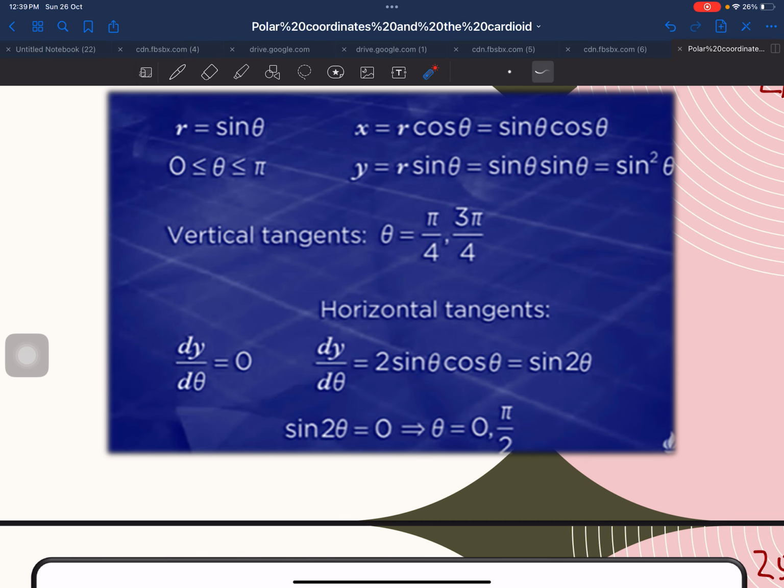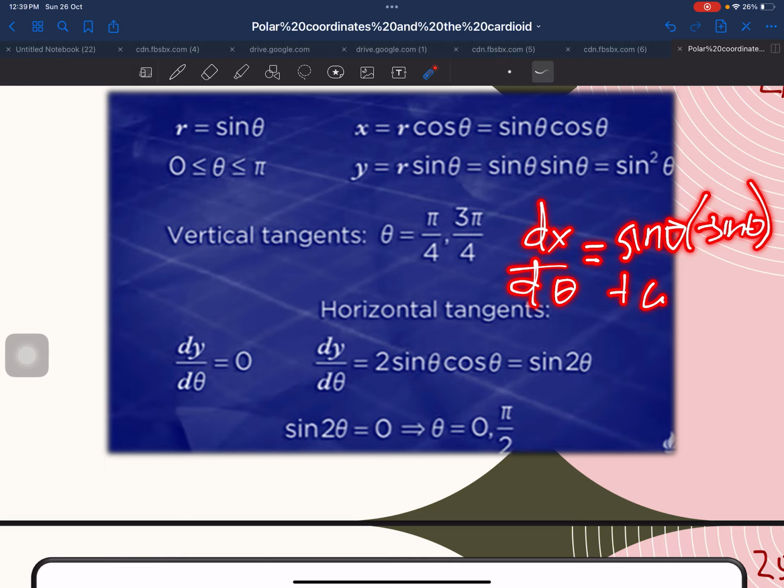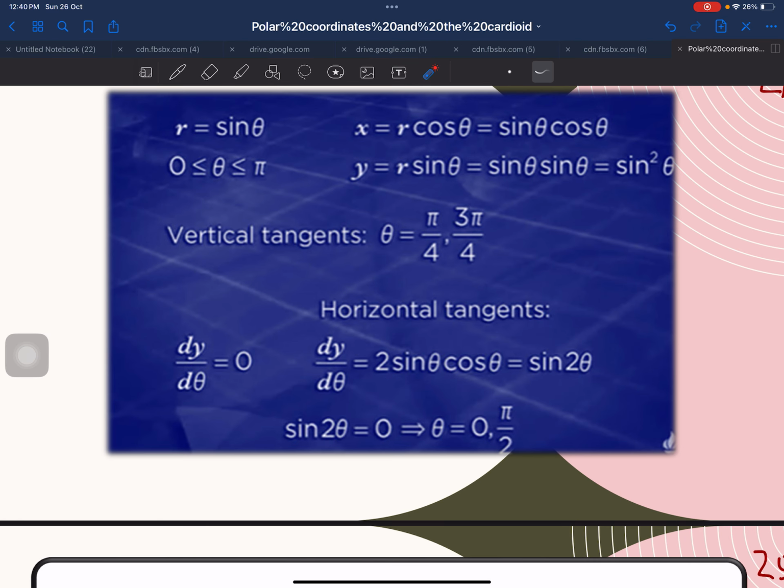When we differentiate, dx with respect to theta, what will this be? The first is sine theta, derivative of the second is negative sine theta, plus the second, cosine theta, times derivative of the first, which is cosine theta. So it will be cosine squared theta minus sine squared theta.